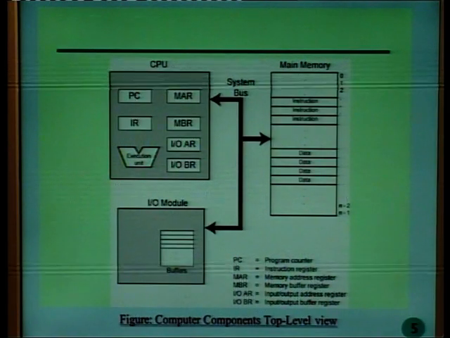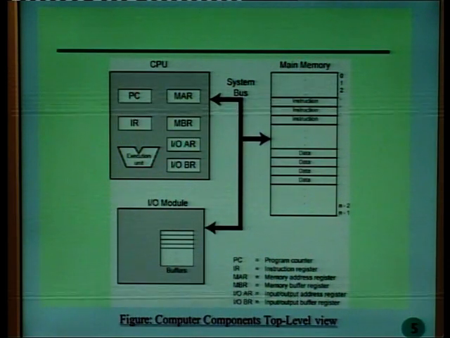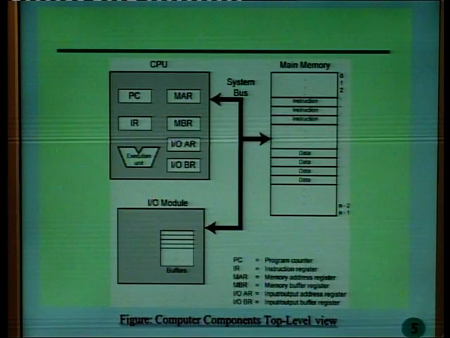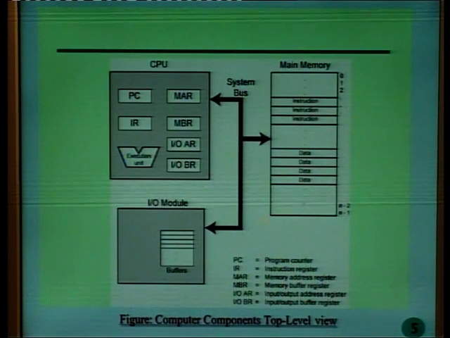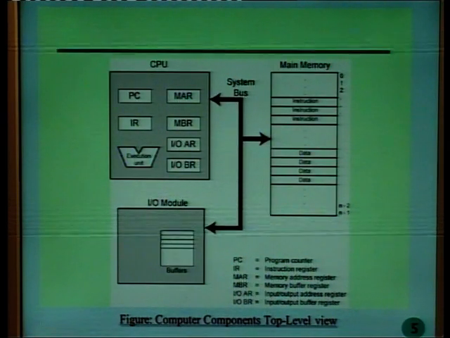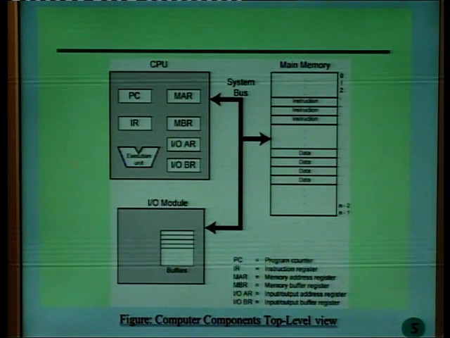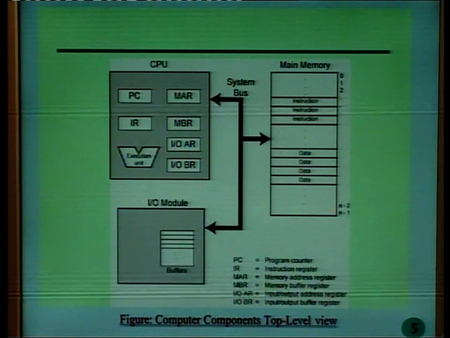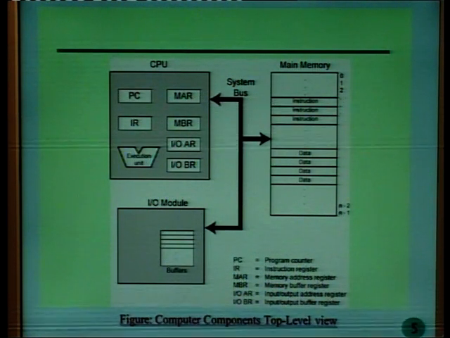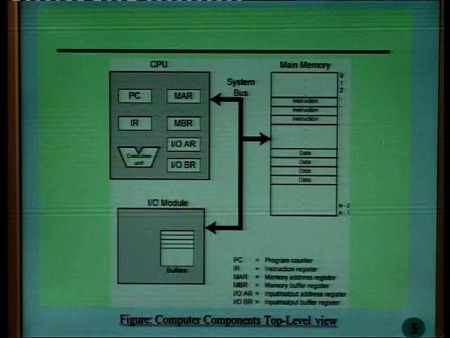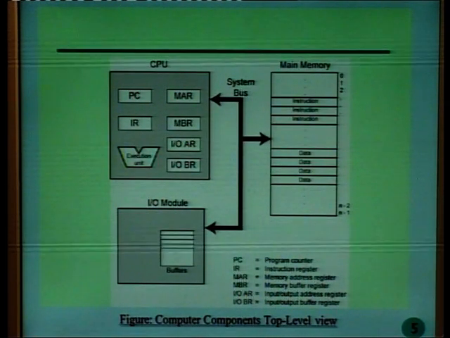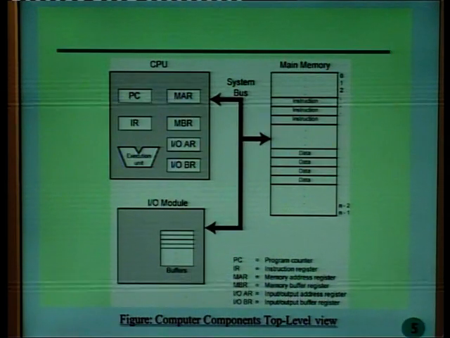As we can see in this diagram, we have a CPU that consists of some registers, like the program counter that fetches the address of the next instruction, the instruction register that helps the instruction to execute, the memory address register, memory buffer register, and I/O address and buffer registers.